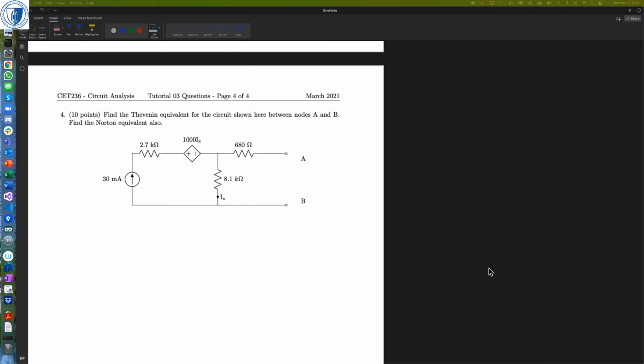Okay, so like I said, there's 3 ways to do it, but we can't use the equivalent resistance way. So the other 2 are the open circuit voltage, short circuit current technique, and the applied voltage technique.